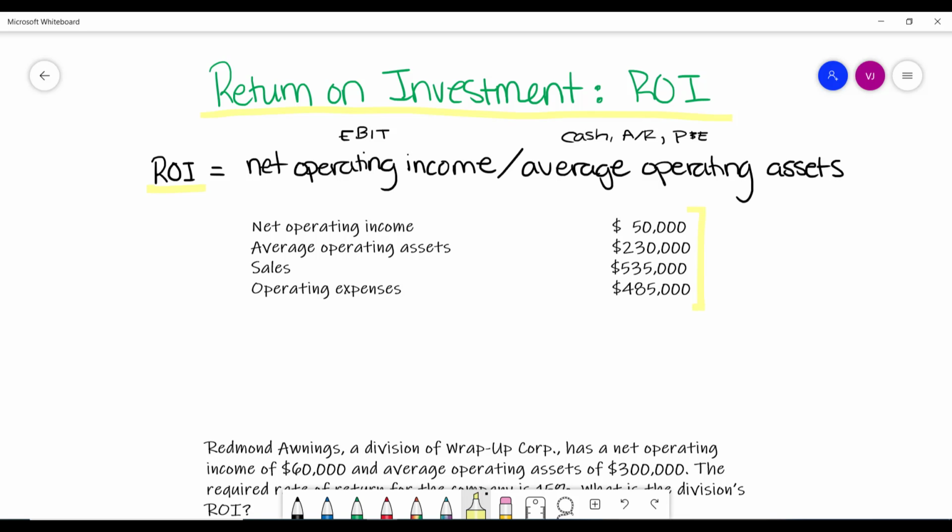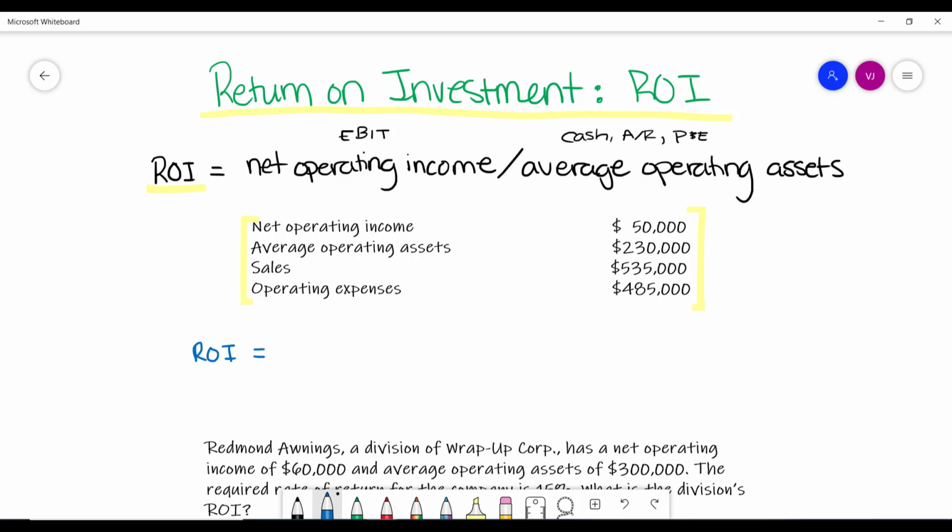As an example, let's see what this company's or division's return on investment is. We can see here they give us net operating income, average operating assets, sales, and operating expenses. If we know the calculation for ROI, we can pull from this list what we need. What's our net operating income?